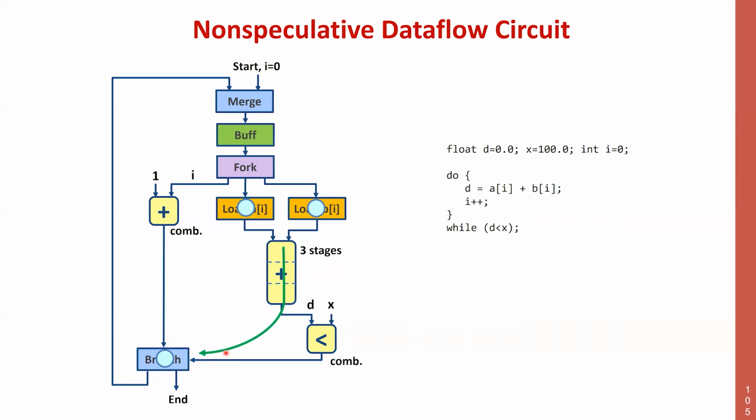And unfortunately, the condition comes from this slow path, because this is the situation in the code, and it will take time, right? It will need several cycles to do the loads, to pass through the different stages of the floating point adder, and to do the comparison, and only then finally the token can go back.